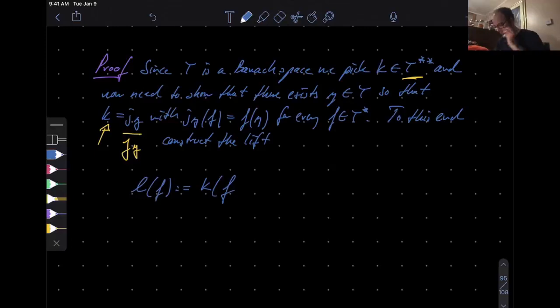Now I would like this to make sense for all linear functionals on the bigger space. Yeah, but k doesn't make sense there, because k is an element in the bidual of Y, so it acts on linear functionals on Y. It doesn't necessarily act on linear functionals on X.